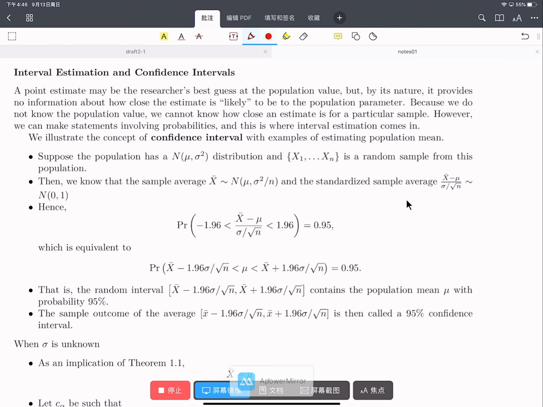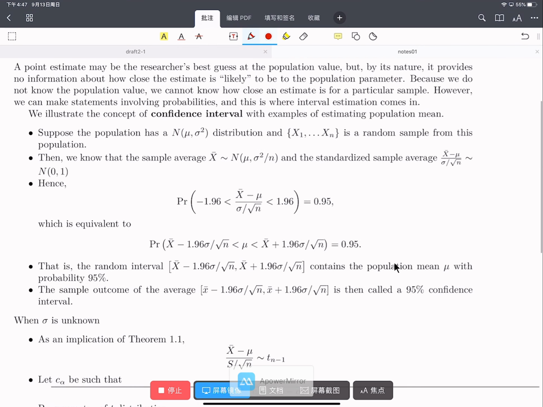I will not dig too deep into this topic so far. Later, when we talk about specific applications in regressions, I will talk more. But here, you can think of this problem.